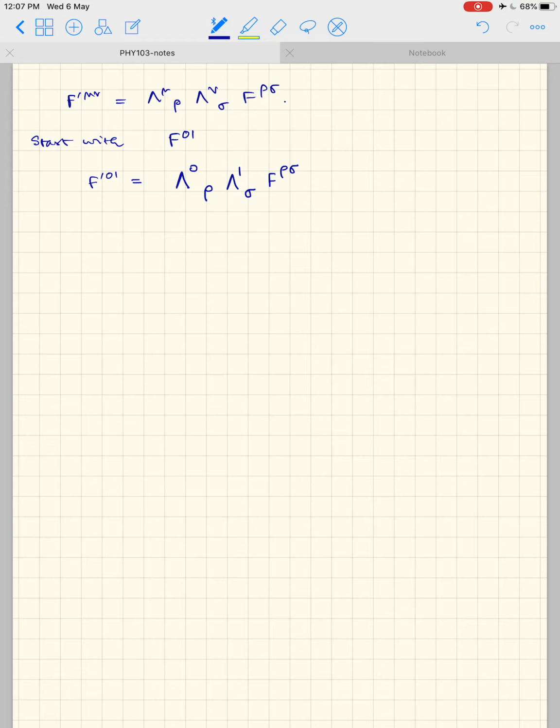Okay, let's do this. So this essentially is lambda 0 rho lambda 1 sigma F rho sigma. I've not summed over sigma.